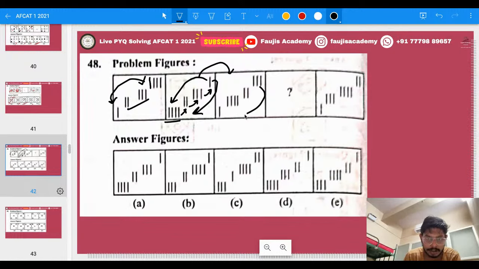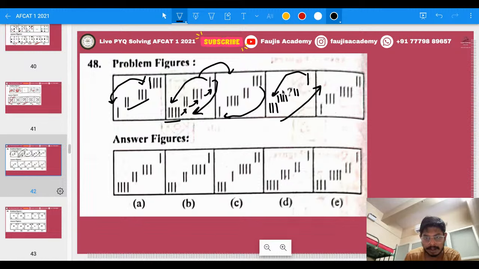So now we will just replace these two. Okay, so 1 will come over here, 3 will come over here, right? 1, 2, 3, 4, and 1, 2, right? And now we move all of it one place upwards. Okay, so if we move one place upwards over here, then what?